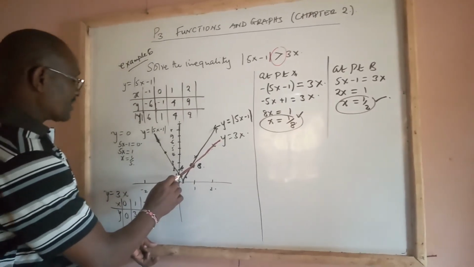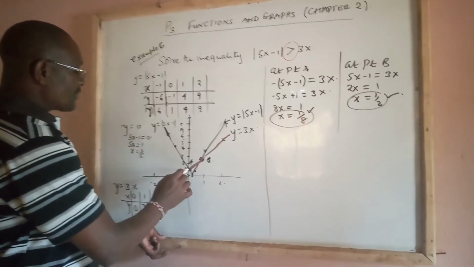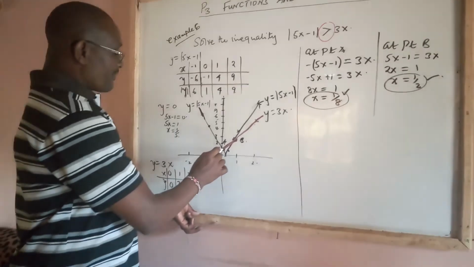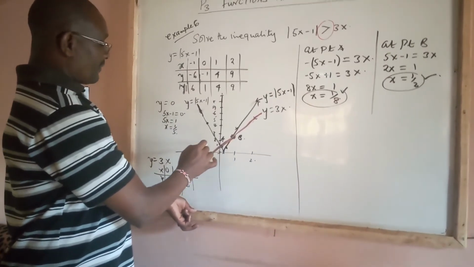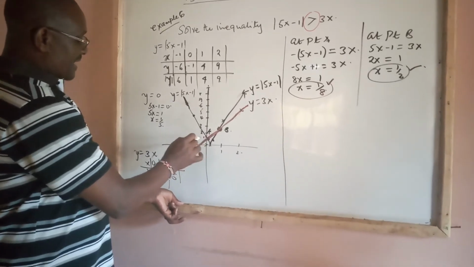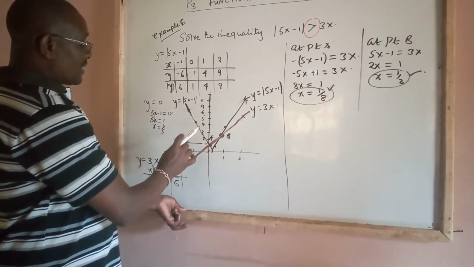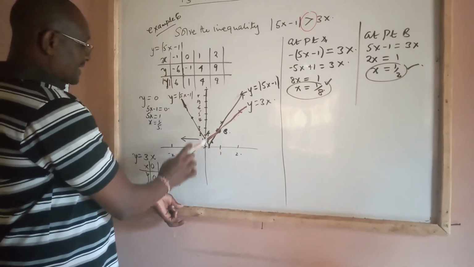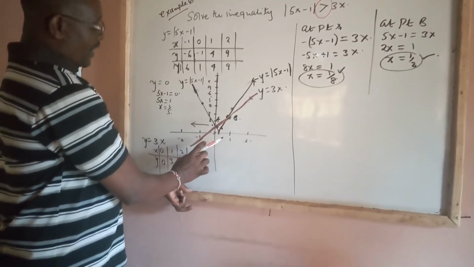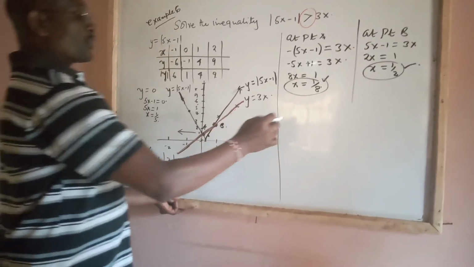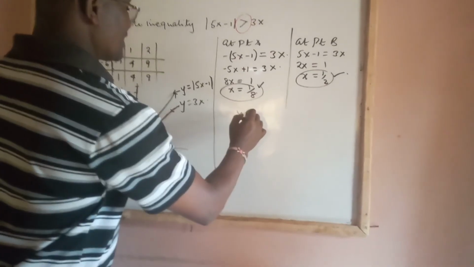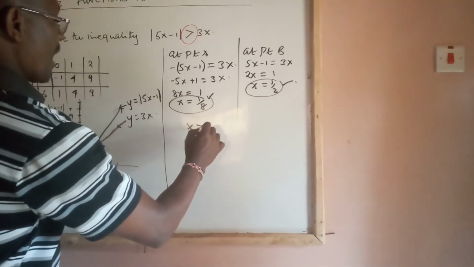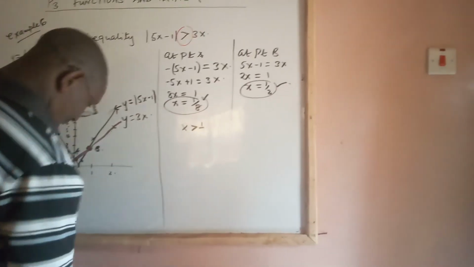Since this is a critical value, for all values of x less than 1 over 8, all the values of y of the modulus part are greater than all the values of y for the linear graph. So we can already say x is less than 1 over 8, not greater than.